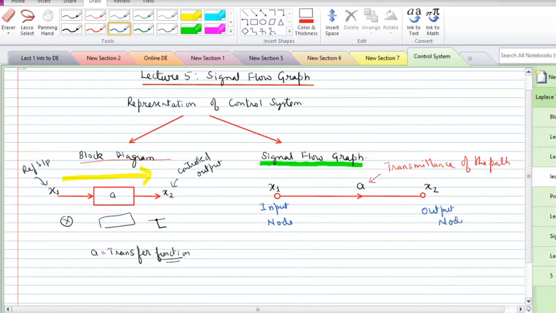If you compare the outputs of both, then in this particular case x2 is equal to a times x1. Similarly here also x2 is equal to a times x1, and both are the same.